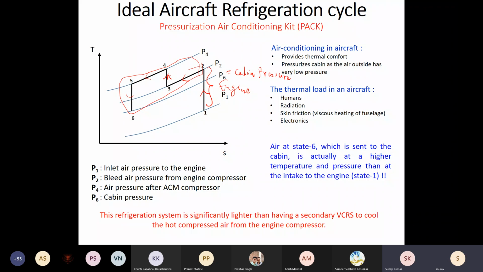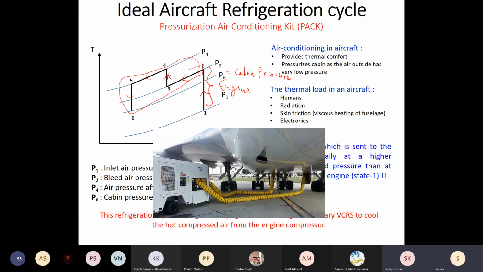And when the aircraft is on ground, how do we provide the air conditioning? We have to provide it through an external system. This system is the VCRS system. So when the aircraft is on ground and the engine is not running, we supply the cold air from an outside system.